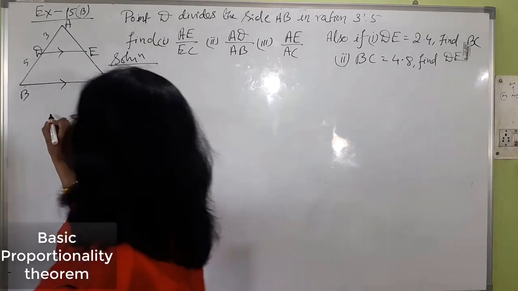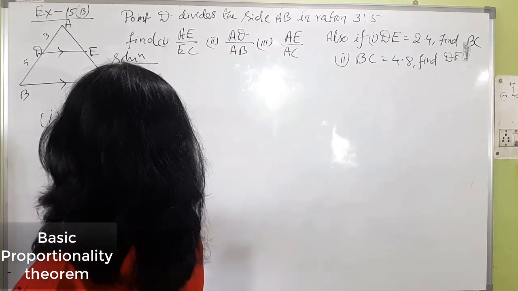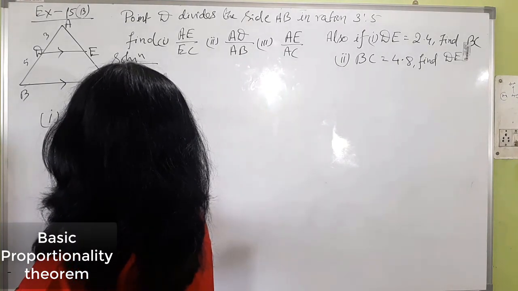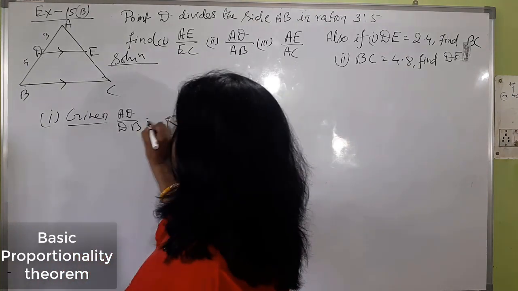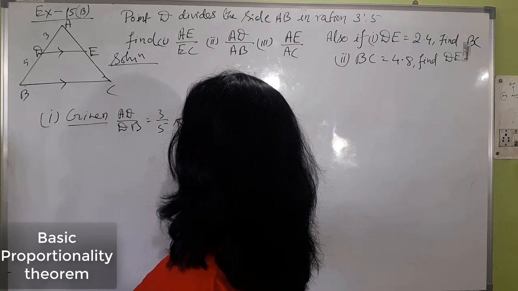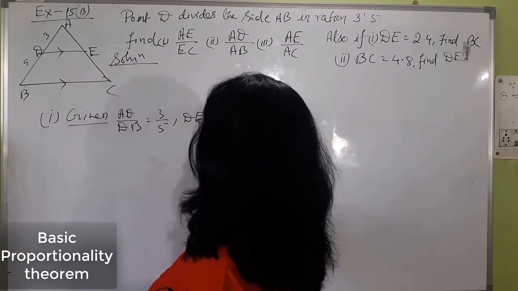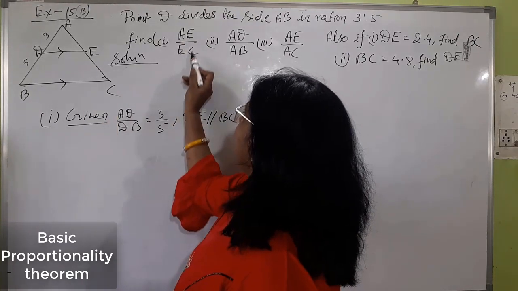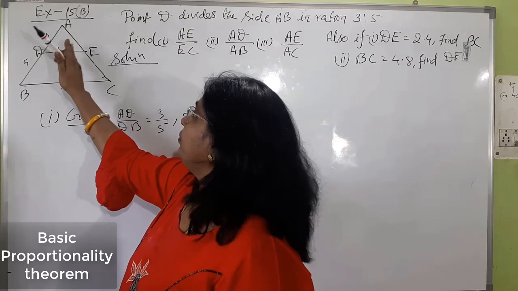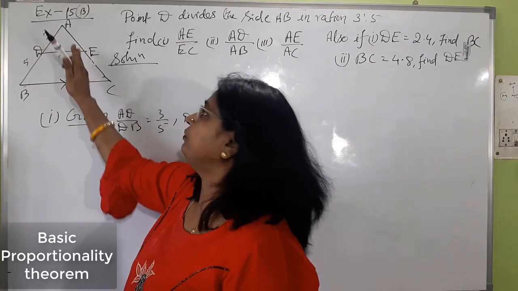Now first, AD by DB is equal to 3/5, and second, DE is parallel to BC. We have to find AE, that means the other side's proportionality. In what proportion this line divides, that we have to find.